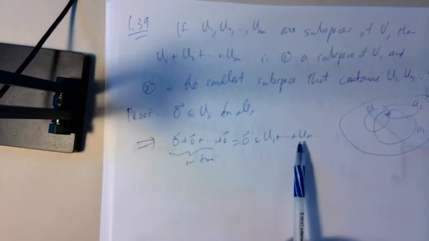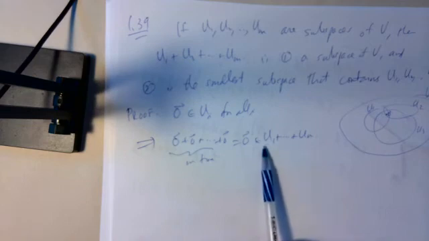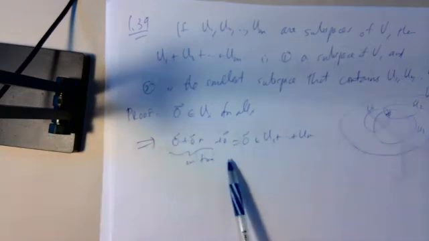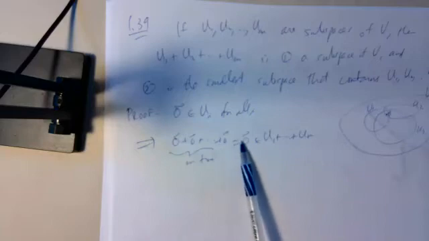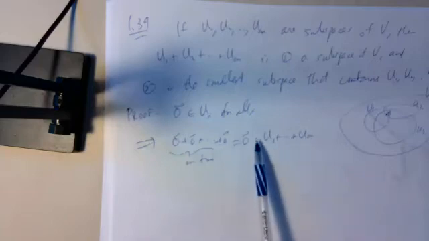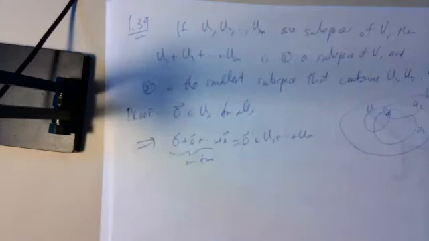Each of the summands contains the zero vector, so 0 plus 0 plus 0, which is 0, is in this. So this sum set does contain the zero vector. What about being closed under vector addition and scalar multiplication?